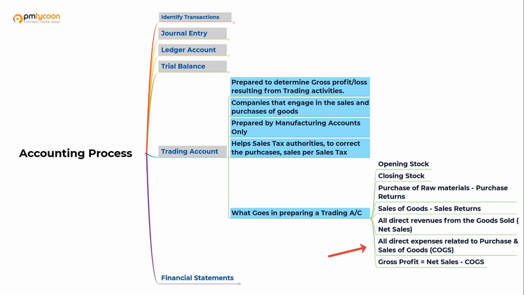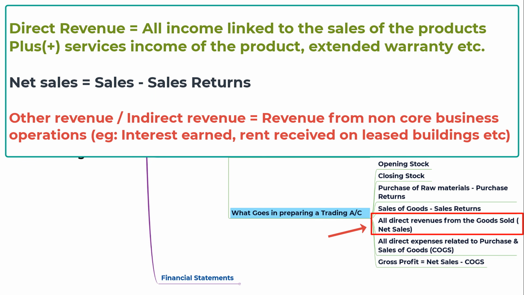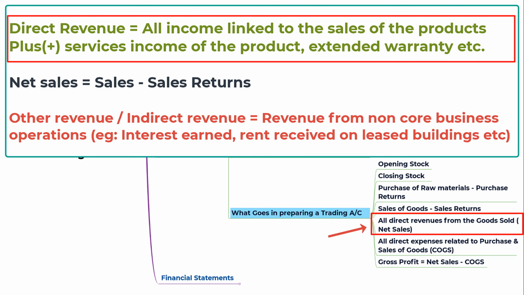So like we have direct costs, we would also be having direct revenues. You might get confused, what is the direct revenue and what is the sales? What is the difference between them? Well, sales is the sales of the product, but direct revenue here is associated with the sales of the product. Let us say a company sells a product, but it will charge to fix that particular product, right? It is a service charge that the company is charging its customers.